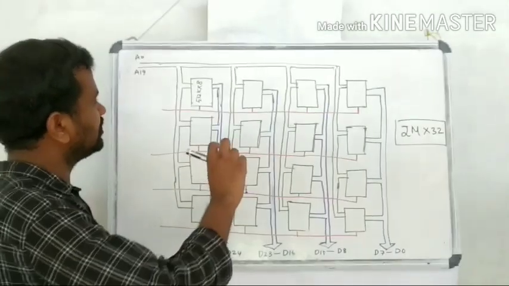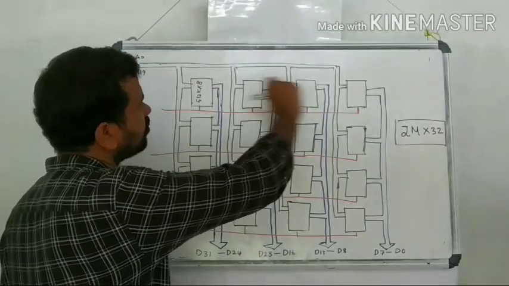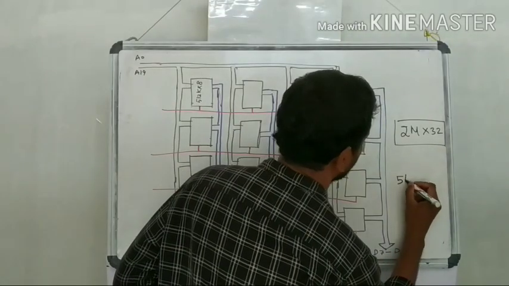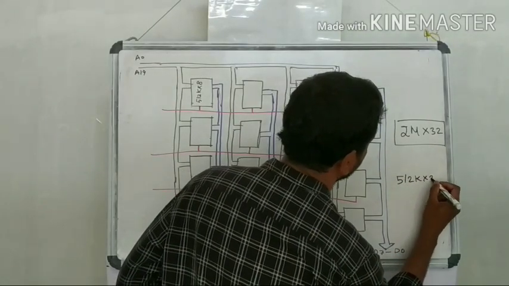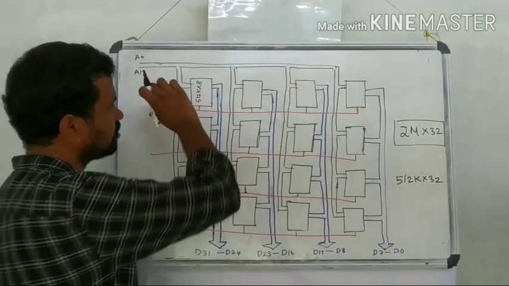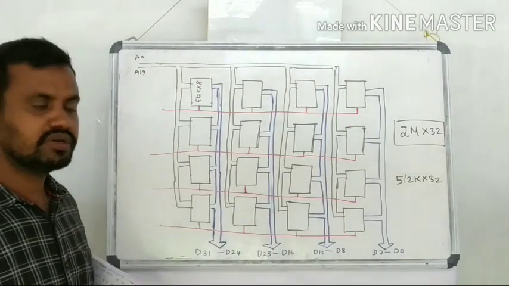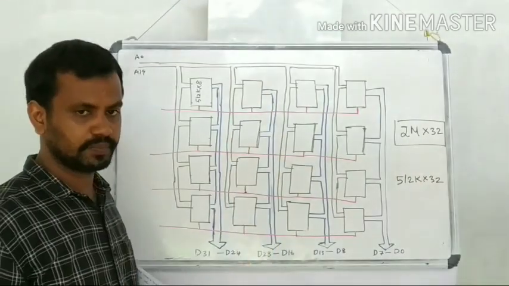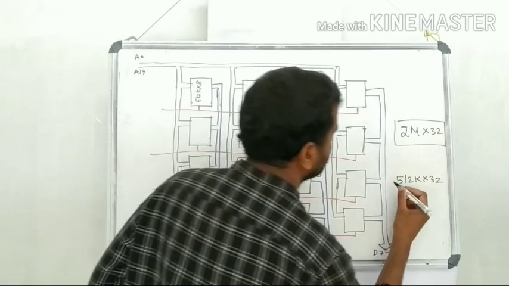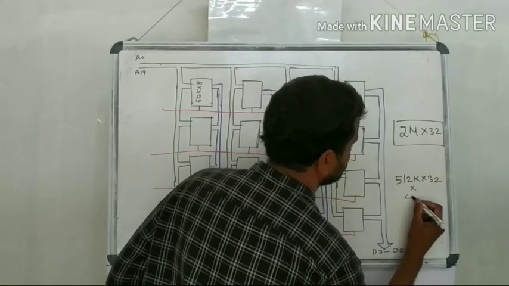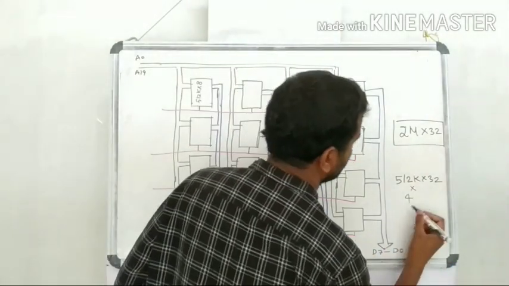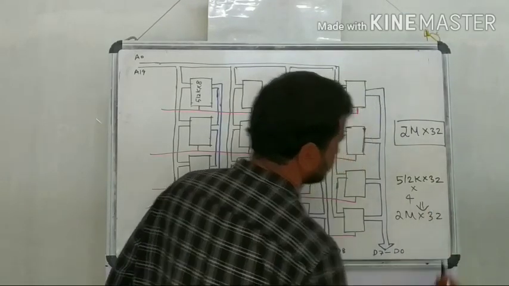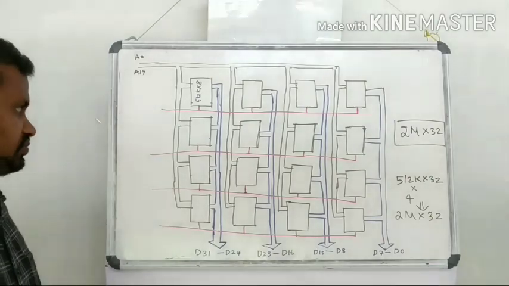Because we already said that one row will form 512K into 32, and we have 4 such rows, so we multiply by 4. That means we will have a 2M into 32 memory system.